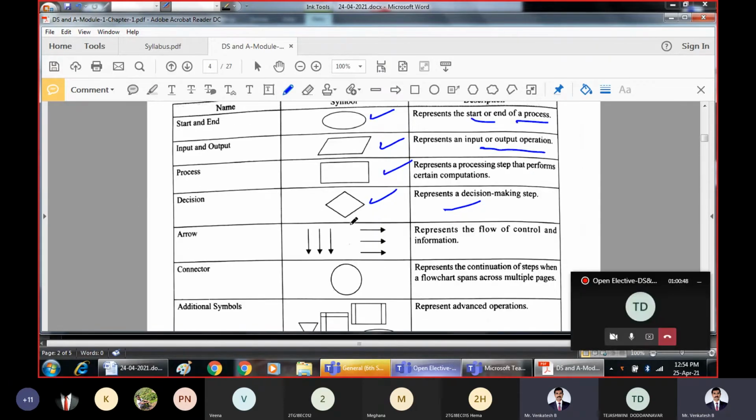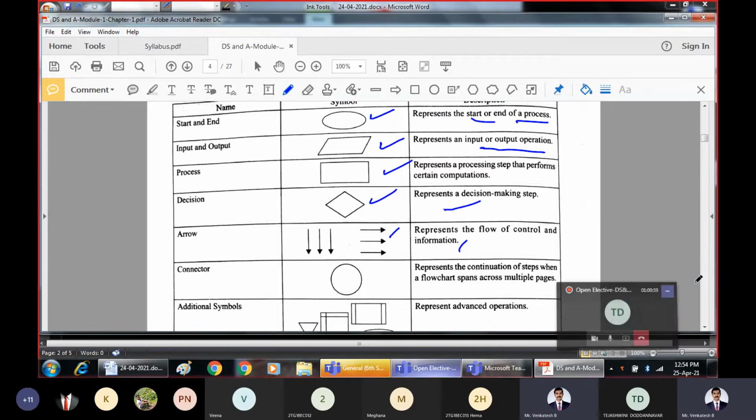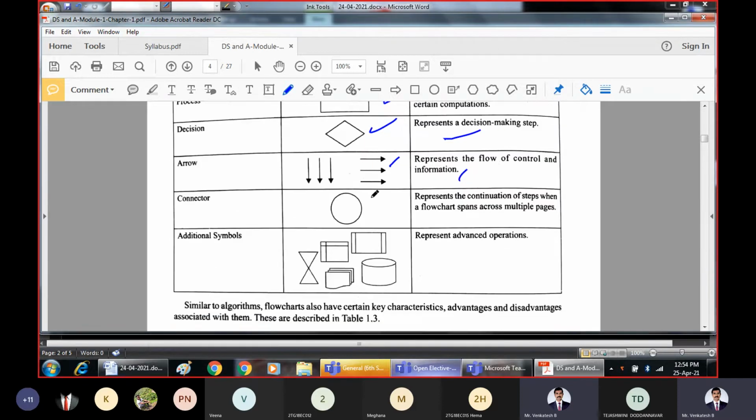And these are the arrow marks we usually use in flowcharts. They represent the flow of control and the information. This circle is identified as a connector. It just represents the continuation of the existing flowchart.